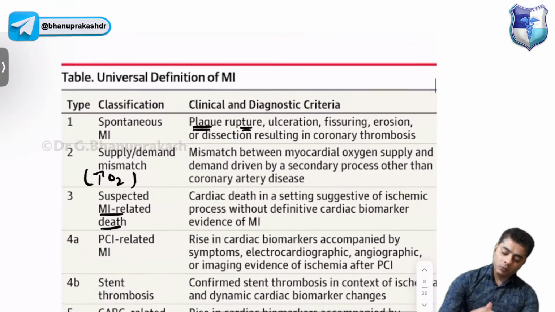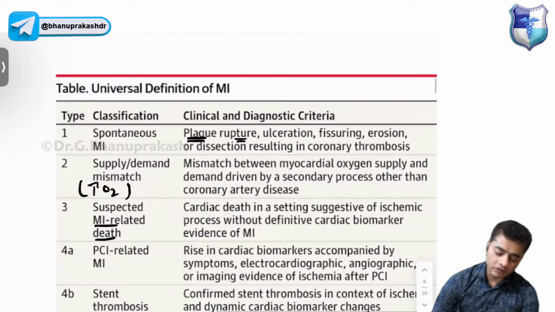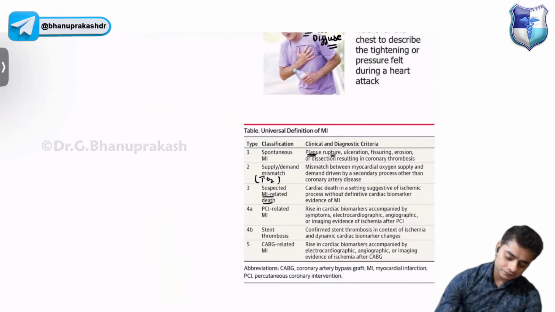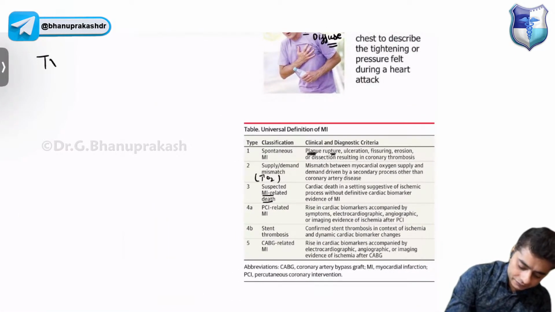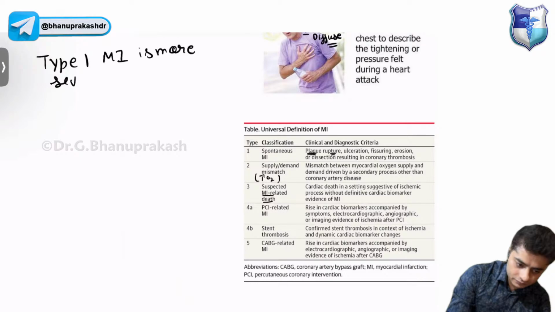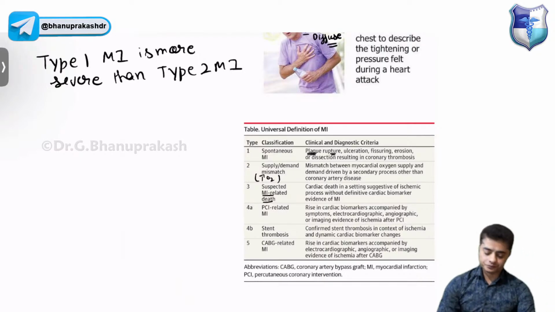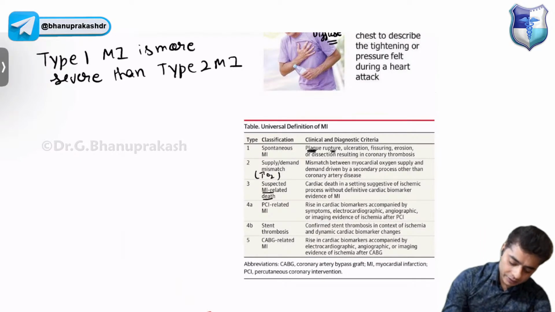Okay. And in type 1 and type 2 MI, what we have found is that type 1 MI is more dangerous, more severe than type 2 MI. And why? Because what is happening in type 1?